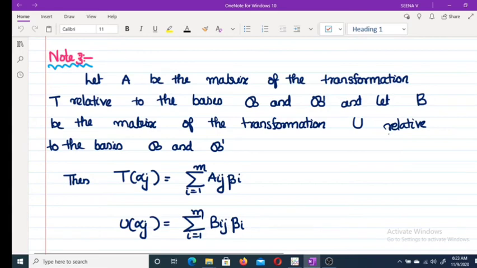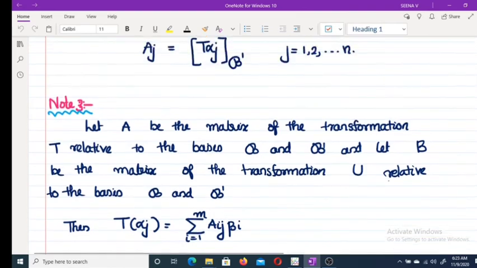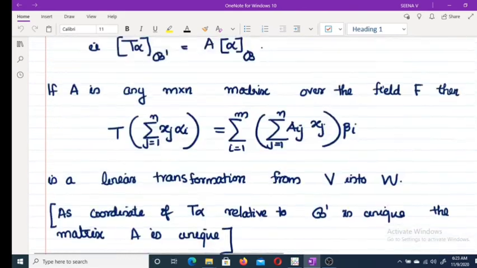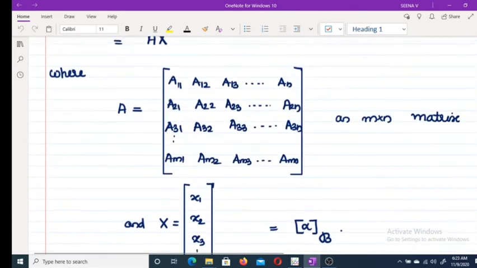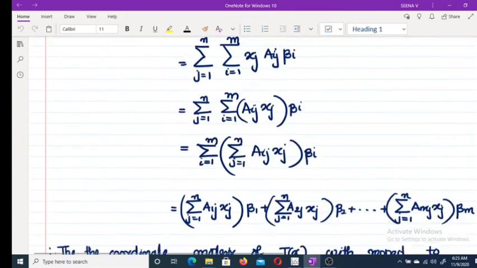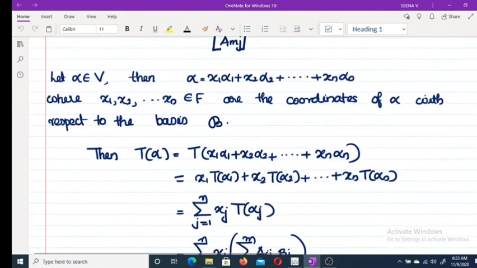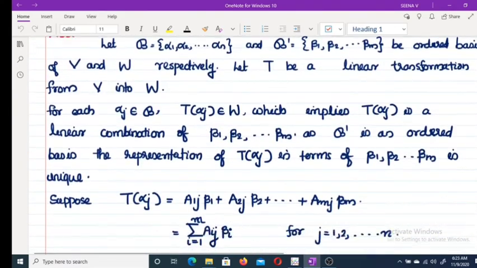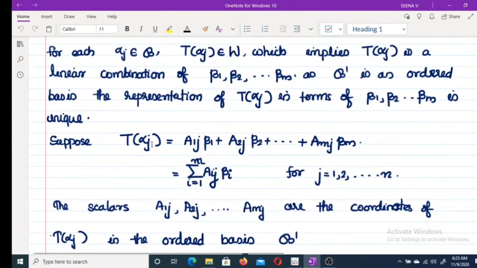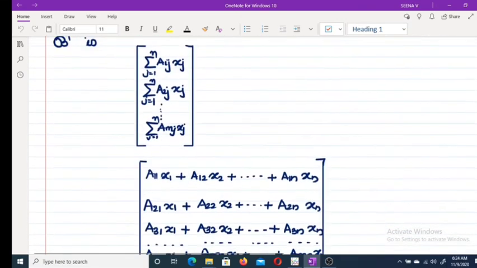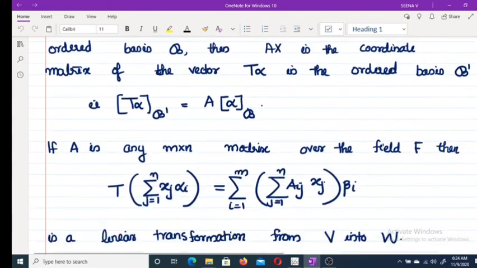From where do we get this? We have already defined it like this. This is our definition. If A is any m by n matrix, T alpha j is defined like this. Using this same definition, we have the given values of T alpha j and U alpha j.